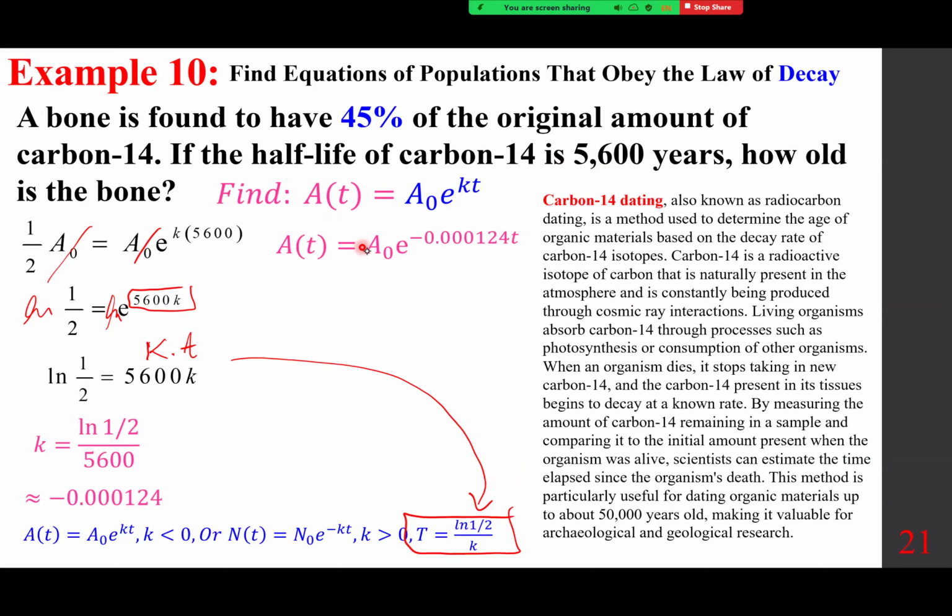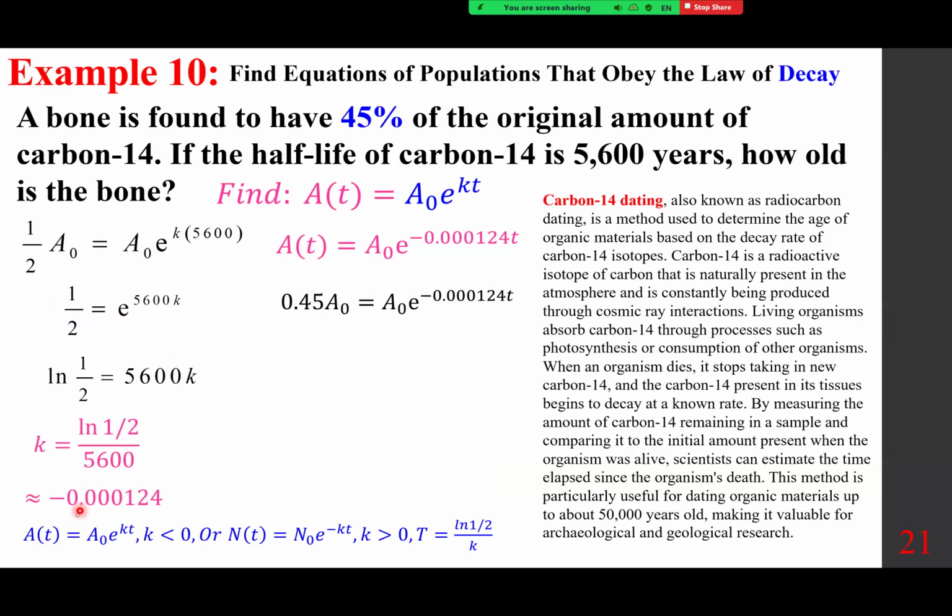So we established the formula. How much is left? 45%. So replace this with 0.45 A sub 0. Drop this. Take a natural log of both sides, and the right side just becomes its exponent.